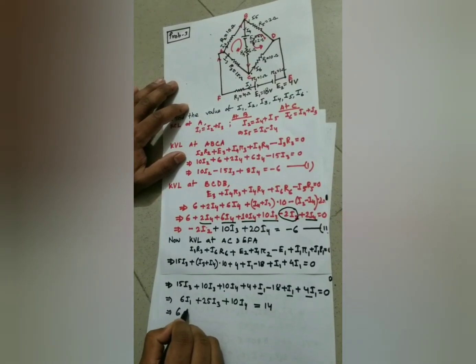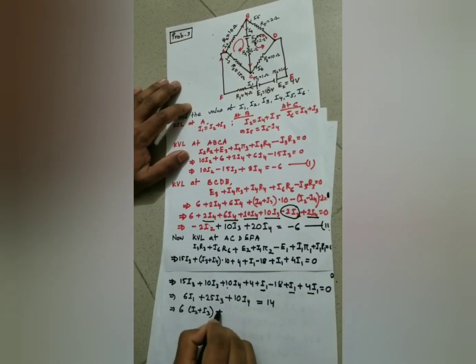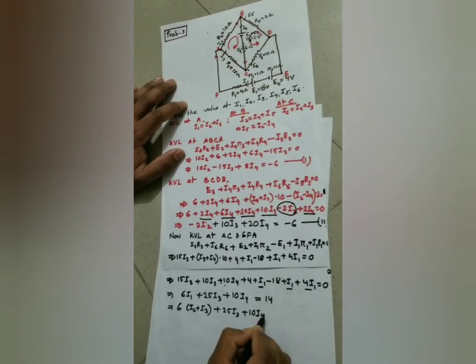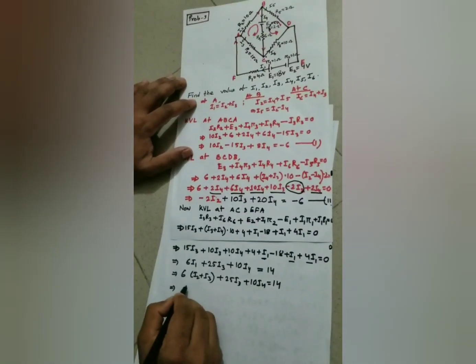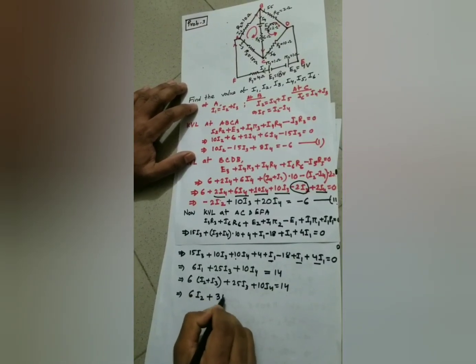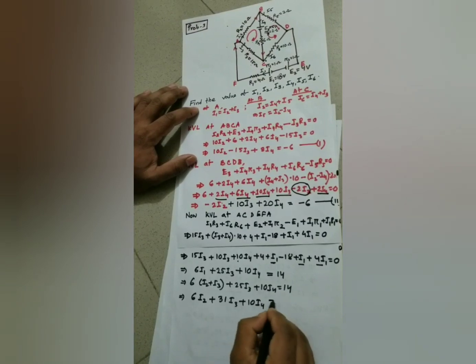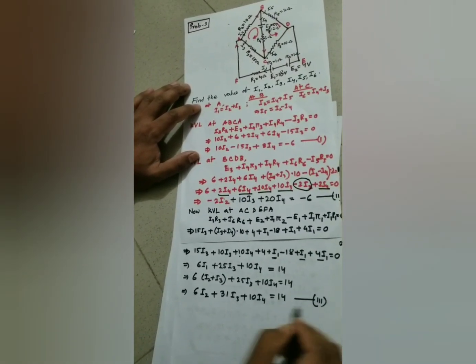I1 can be replaced by I2 plus I3, so finally we can write 6 I2 plus 6 I3 plus 25 I3, that means 31 I3 plus 10 I4 equals 14. This is equation 3.